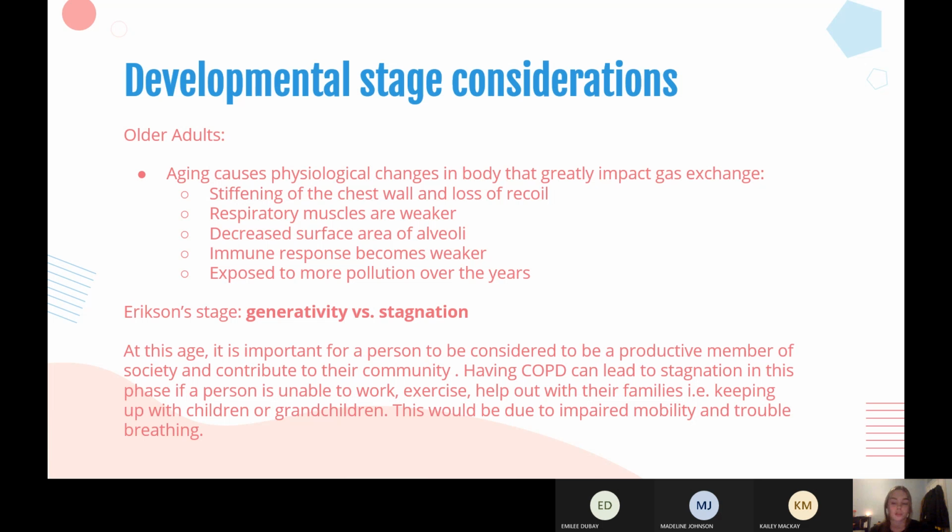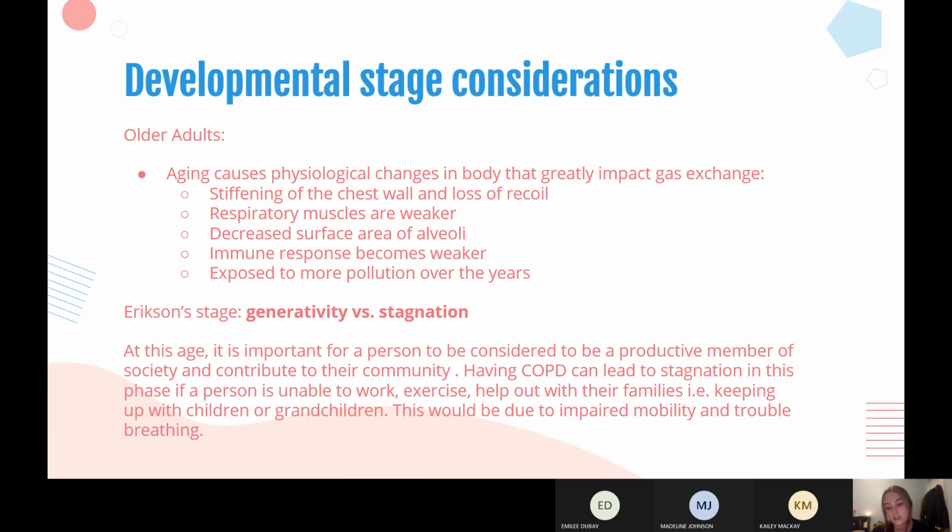So if a person is older, they may have been exposed to coal mining a lot, because we, as younger people, aren't, because we don't have that really anymore. But regarding Erikson's stage, this is a stage of generativity versus stagnation. So generativity means that they want to be productive members of society.